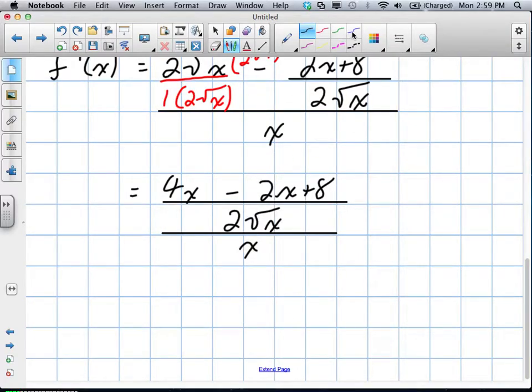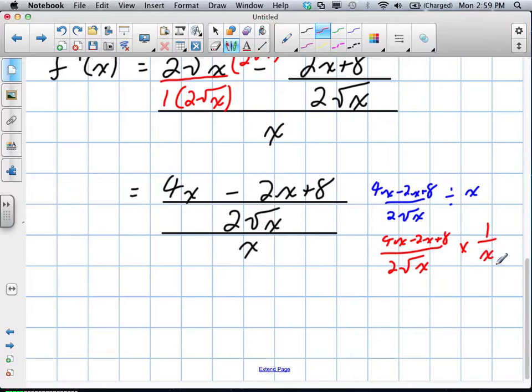We don't like the way this looks, so I'm going to rewrite it: 4x minus 2x plus 8 divided by 2 root x. We know we can invert this, because this is divided by x, I can flip this and make it a multiplication question. So we get 4x minus 2x plus 8 divided by 2 root x multiplied by 1 over x.